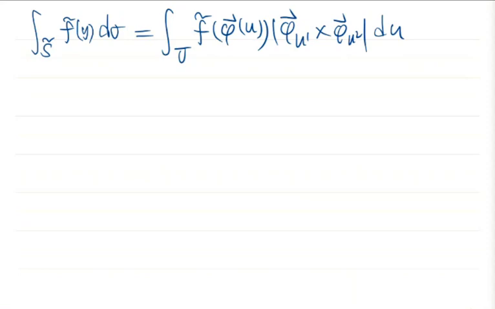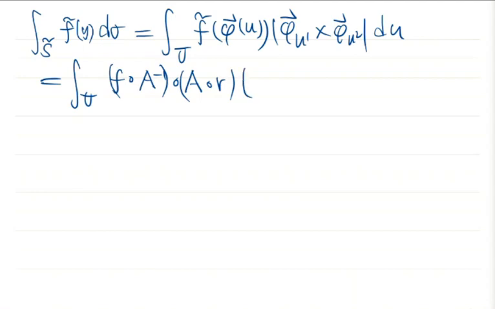Since u is u1, u2, du means the double integral. Now f tilde is f composed with A inverse, and phi is A composed with R, then acting on u.